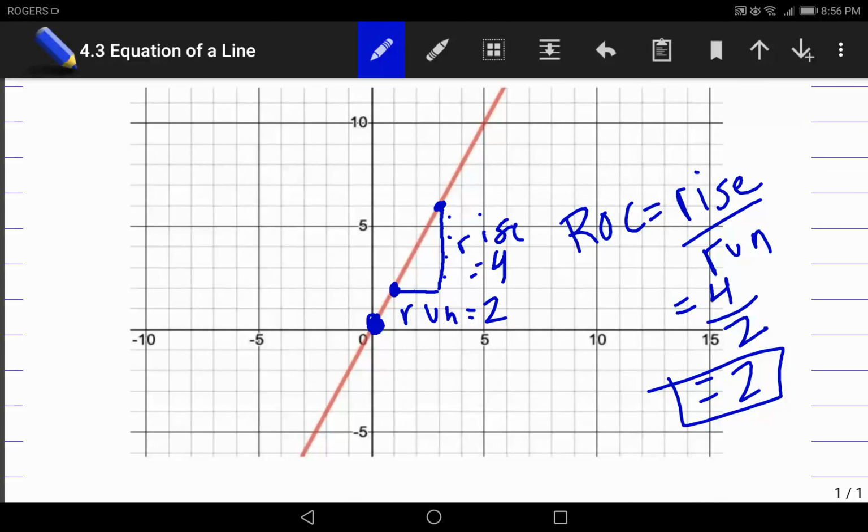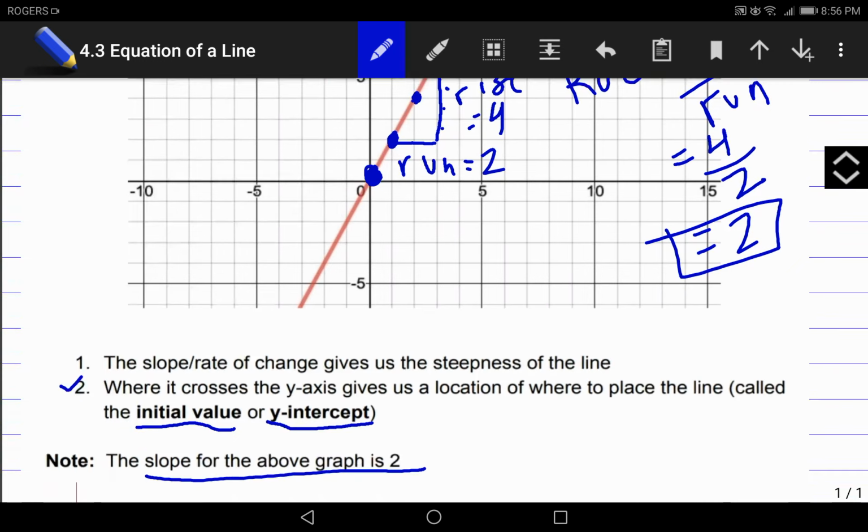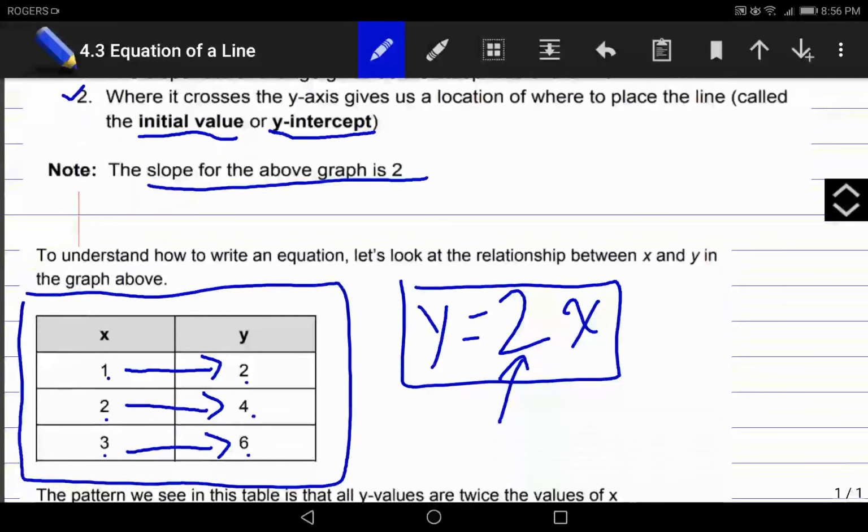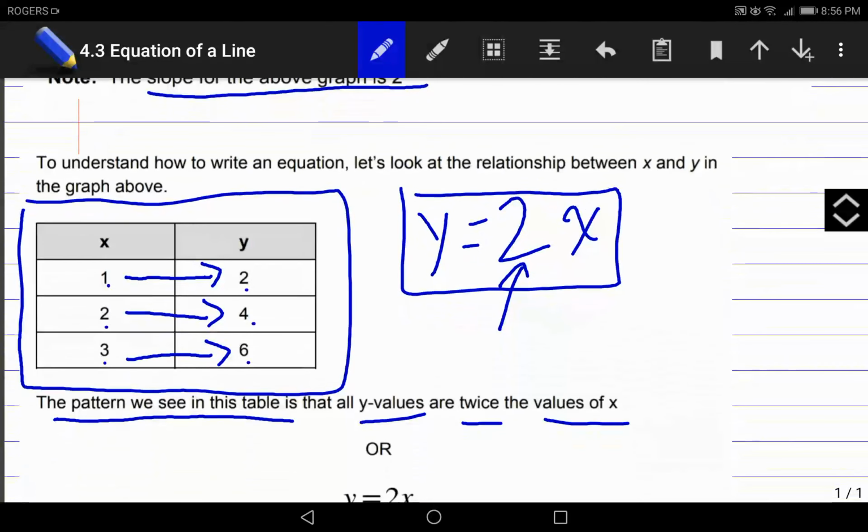So here's one coordinate is 1, 2, then 2, 4, then 3, 6, and so on. I just wrote down the coordinates of that line into this table.